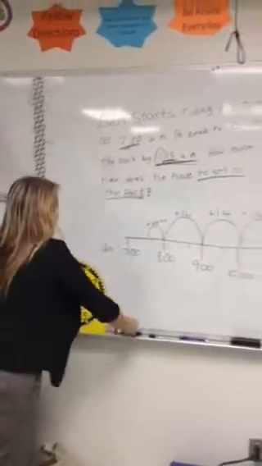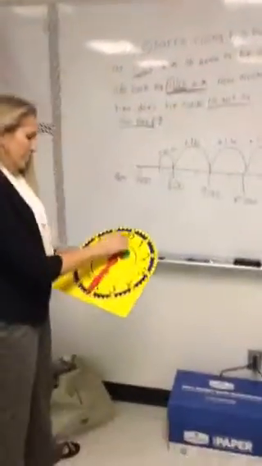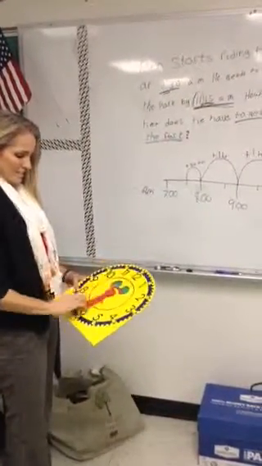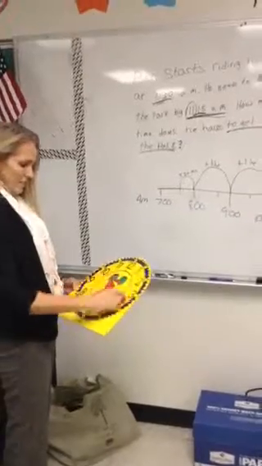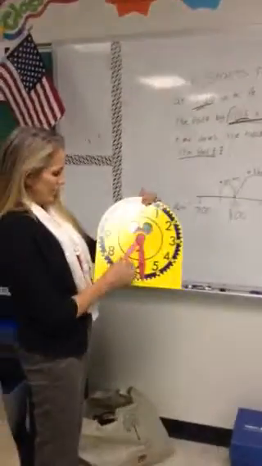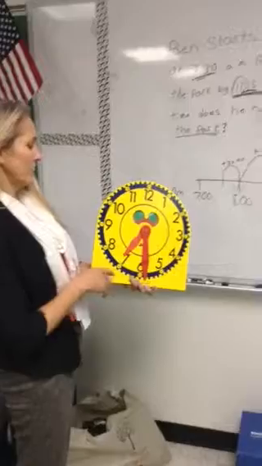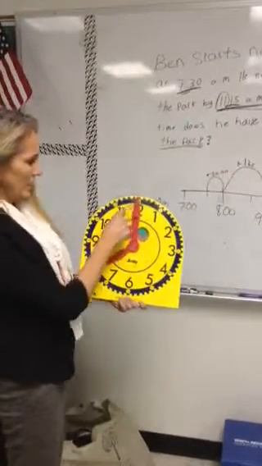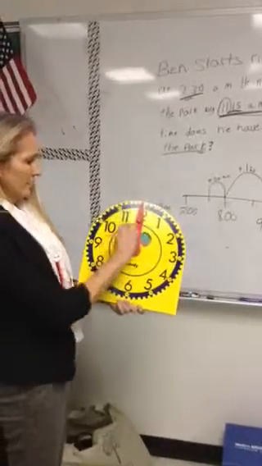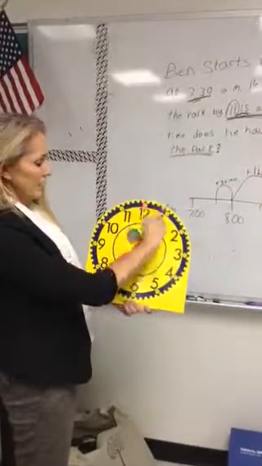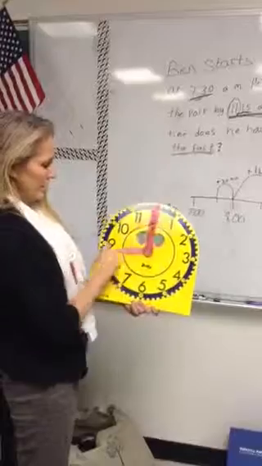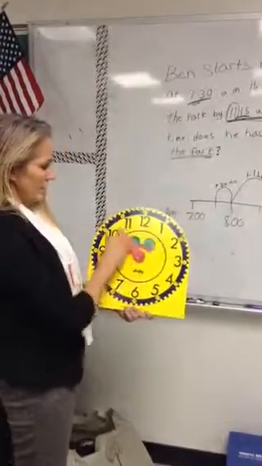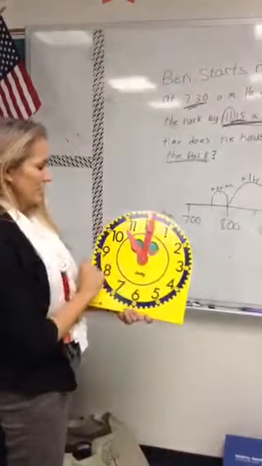Now, if you were to look at a clock and we were to start at 7:30, we want to get to the first hour from 7:30, you go 30 minutes. There's our 30 minutes, 8 o'clock. Then we're going to go by 60. That's 1, 9 o'clock, 2, 10 o'clock, 3, 11 o'clock.